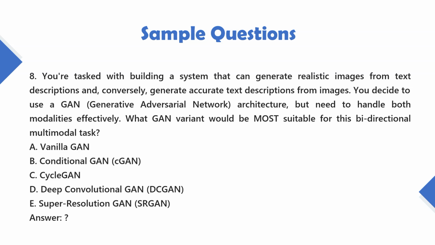What GAN variant would be most suitable for this bidirectional multimodal task? A. Vanilla GAN. B. Conditional GAN, CGAN. C. Cycle GAN. D. Deep Convolutional GAN, DCGAN. E. Super Resolution GAN, SRGAN.